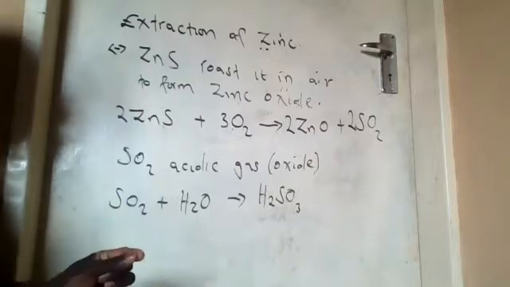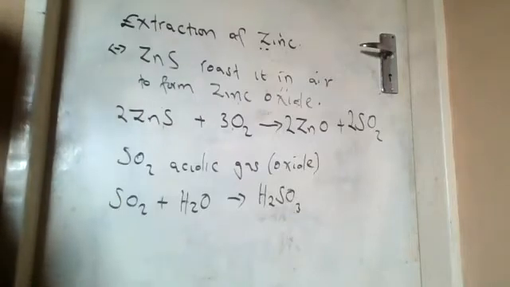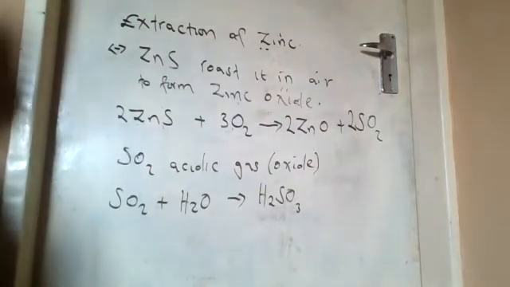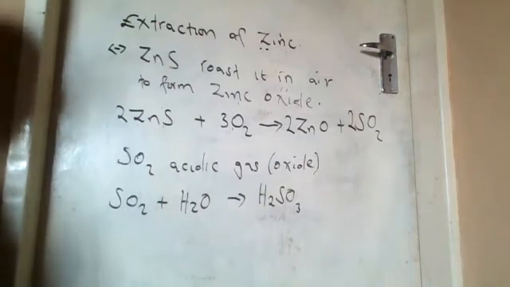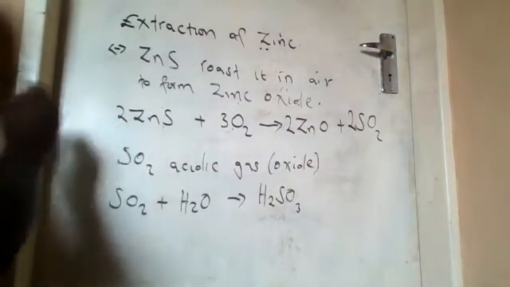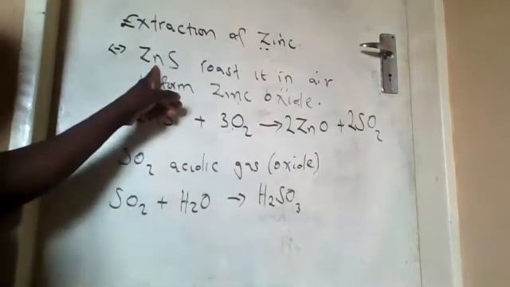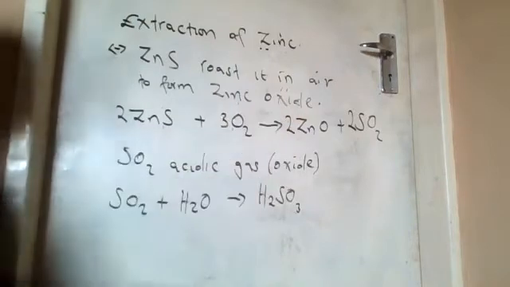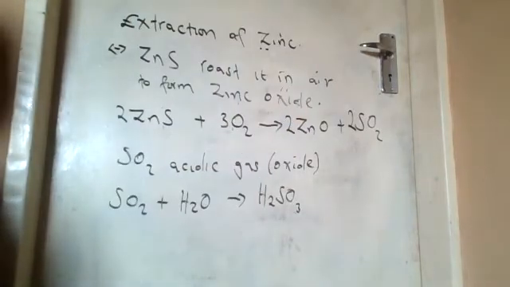In my next move in the chemistry field, I have to teach you how to construct a chemical equation. I also have to teach you how to balance and reduce them to ionic equations, because that is very, very important. So that is what happens at first. Zinc blende, zinc sulfide, is roasted in air to form zinc oxide and a very acidic gas, which is sulfur dioxide.